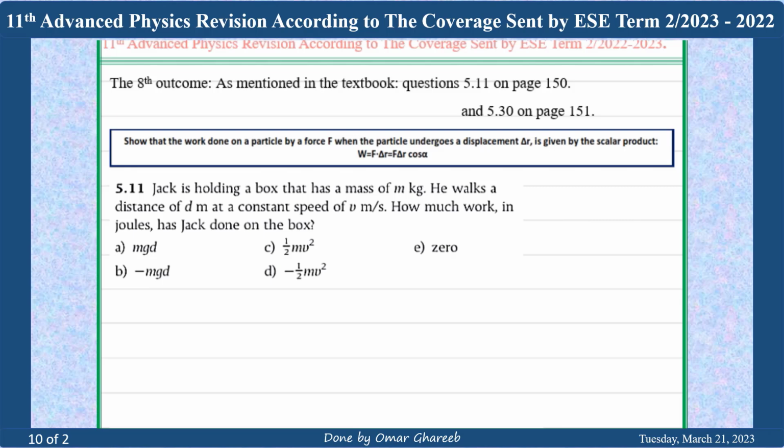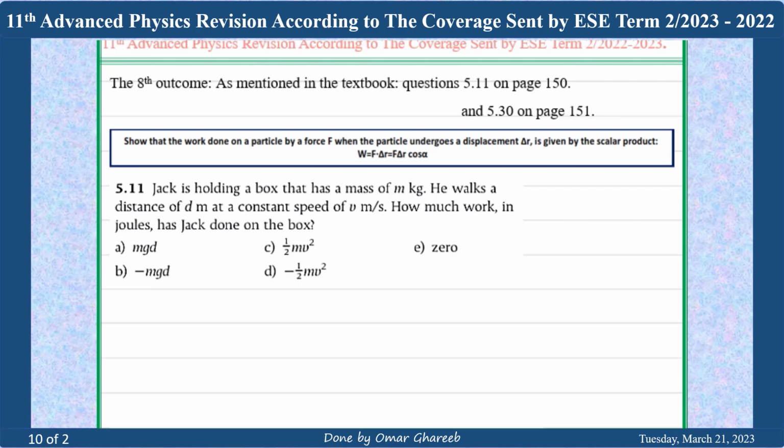Jack is holding a box that has a mass of m kilogram. He walks a distance of d meter at a constant speed of v. How much work in joules has Jack done on the box? We can solve this question by two procedures.